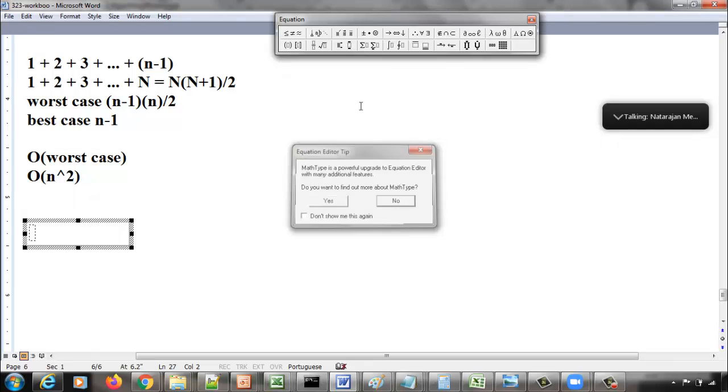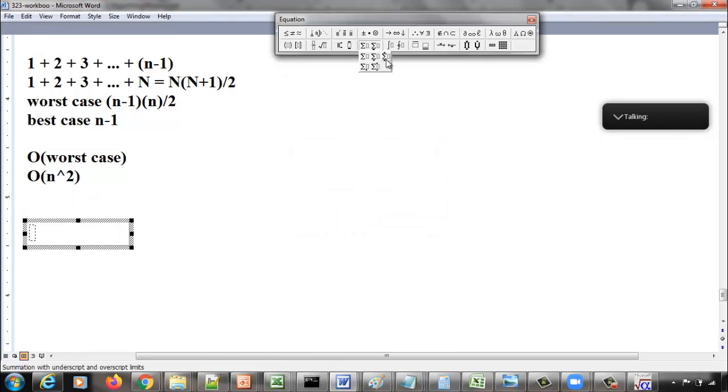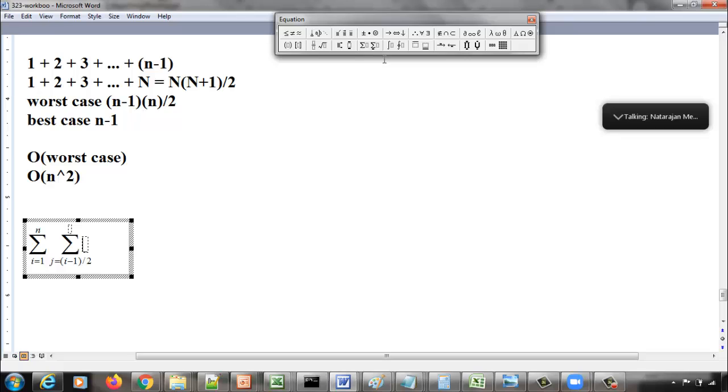Okay, so what we have is i equals 1 to n, and the inner summation runs from j equals (i minus 1) over 2 to i minus 1, of 1. So we can apply the upper limit minus lower limit plus 1 formula here.